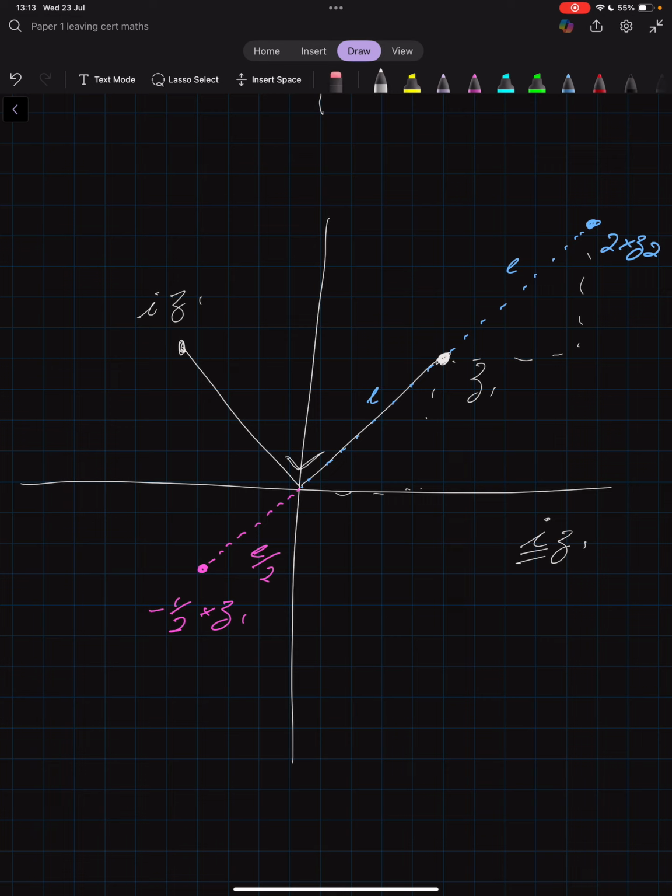I'll probably save that for another video, to be quite honest. But basically, that's all you need to know: if you multiply it by i, it just rotates by 90 degrees. So the length of it stays the same. So this is L, that's also L, but it's just 90 degrees turned to the left. Very important, to the left, not to the right. So that's basically what happens if you multiply it by some complex number.